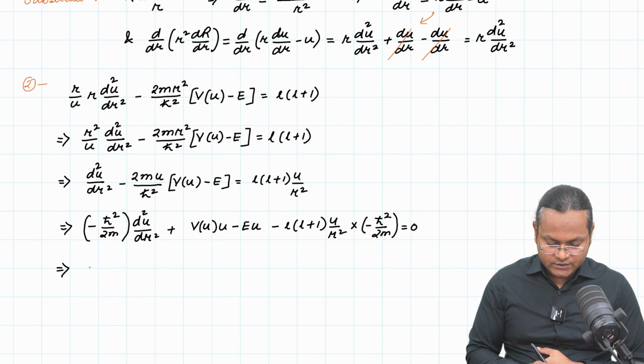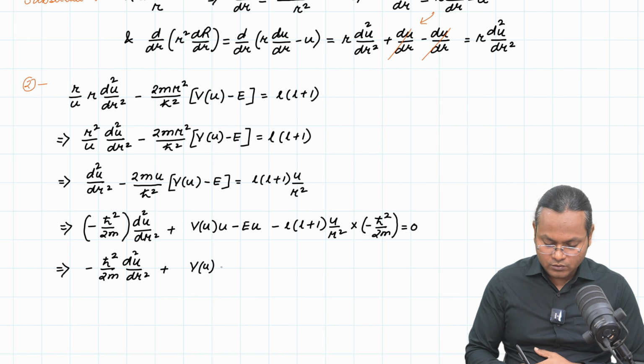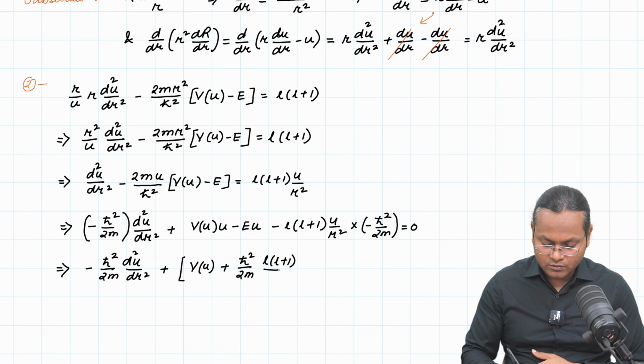All right. So this is minus ħ² upon 2m d²u upon dr² plus V of u plus you have ħ² upon 2m (L plus 1) upon r square. Take u common. This is equal to Eu.